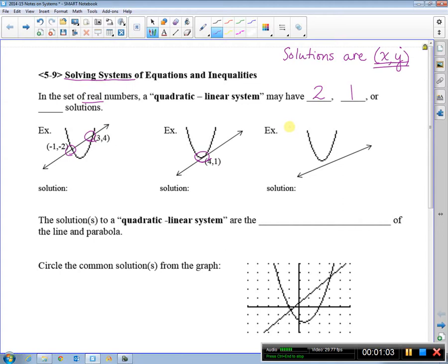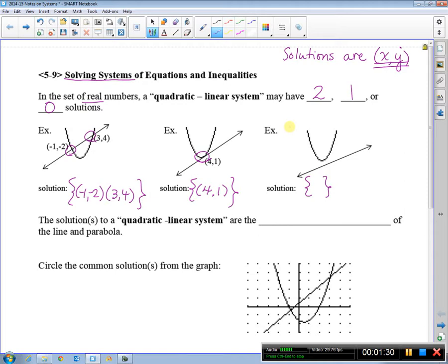There's an example. Or the line and the parabola could have no intersections whatsoever. So we would show empty braces. Here we would show the point, the single intersection, 4, 1. And here we would show both intersections, -1, -2, and 3, 4.